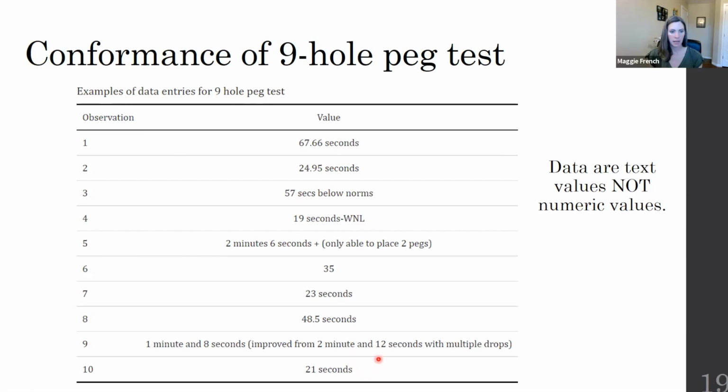And then we have some examples where clinicians are making some note about the performance. And so this is actually really problematic when we want to use this data on the back end. Because we have poor conformance, we really can't actually use this data because it's not in the form that we expect. And if you skipped this step of checking the conformance of this data, you would move forward expecting there to be numeric values for this particular measurement, which in fact isn't the case.